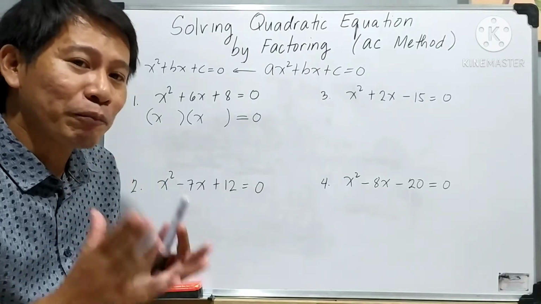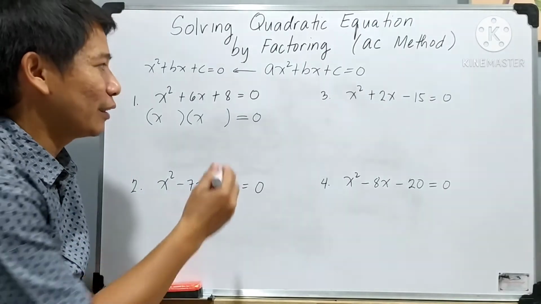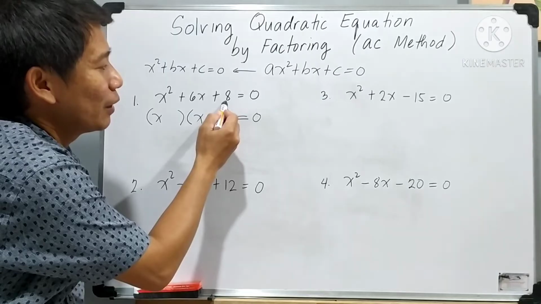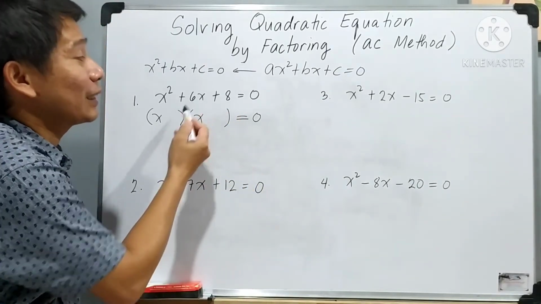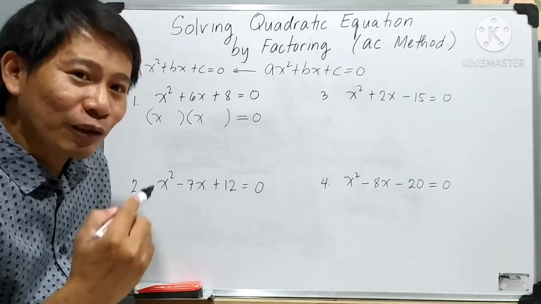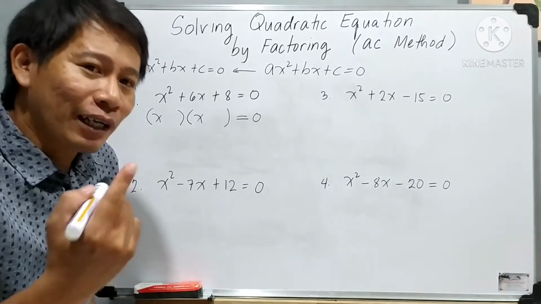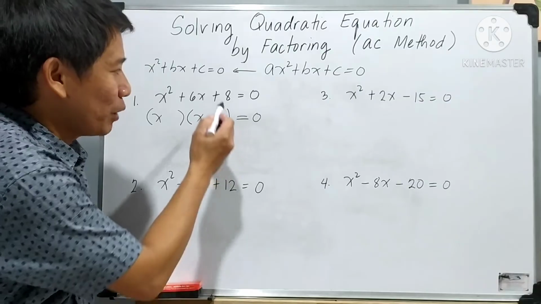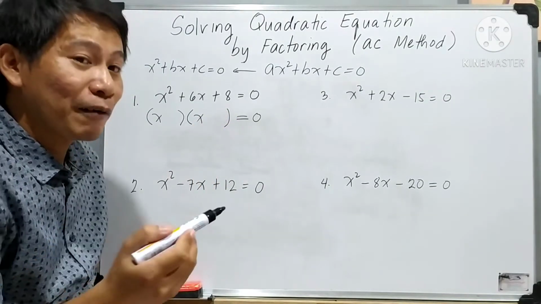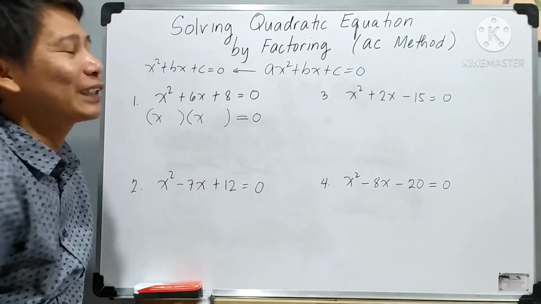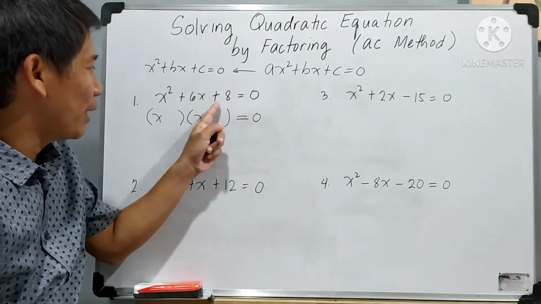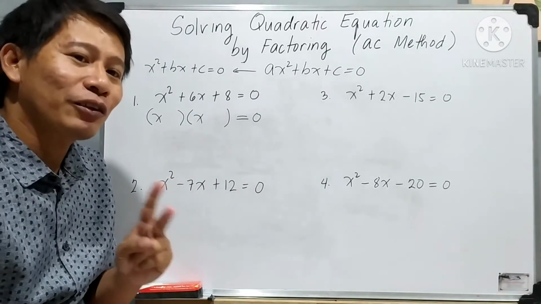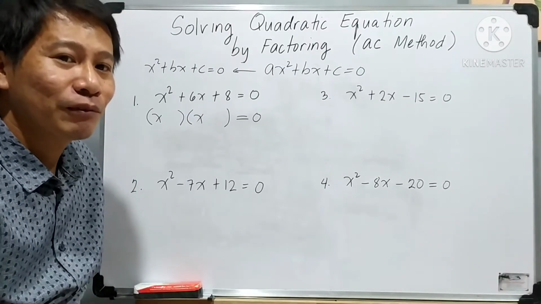Okay, hanapin ninyo yung factors ng c ninyo o ng constant na pag pinag-add natin, ang magiging sagot ay 6. So, yun ang pinaka-condition. So, what are the factors of positive 8 whose sum is positive 6? So, since panay positive lahat yan, so yung factors natin lahat positive. So ano yun?